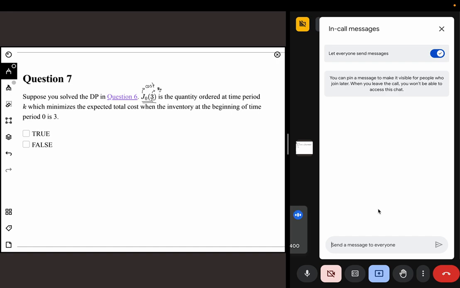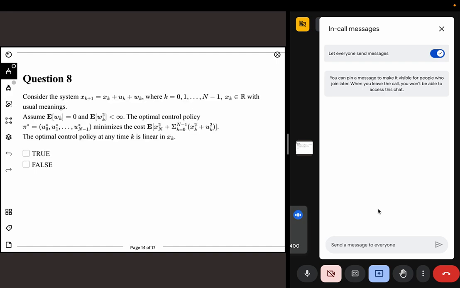So this statement is not true. It is false. If I want the quantity ordered at k, that is basically u3. This is more of a notation point, so I don't want to spend more time on that.